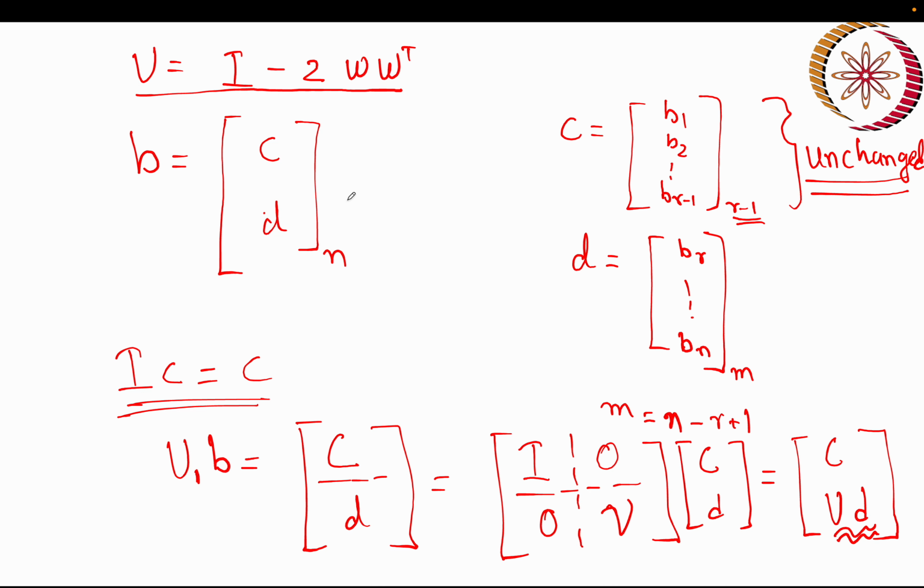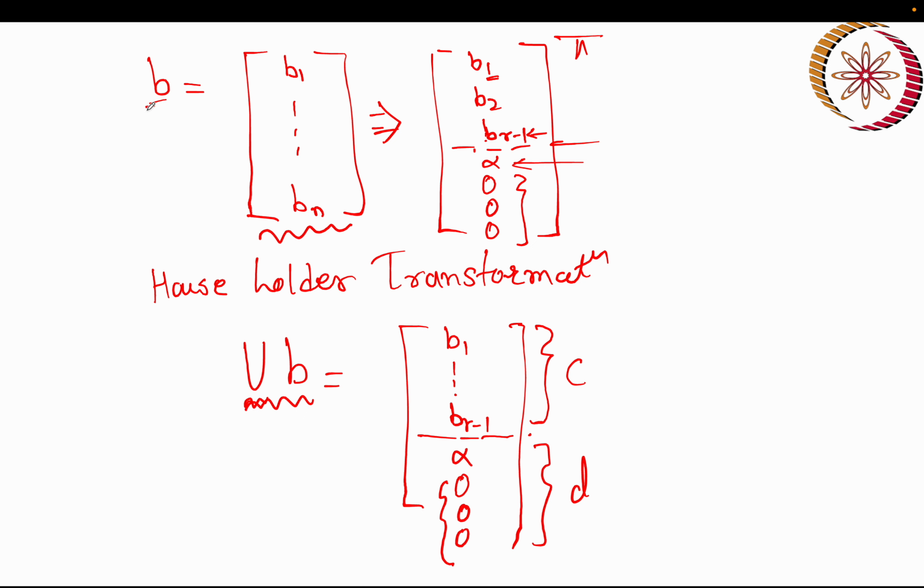I hope now it is clear. So b is some vector which has terms b1 to bn, and what we want to do is transform this b into this form where the first r minus 1 terms are as it is, then there is an rth term which can be anything, but after this these terms are 0. This is how we want to transform it.